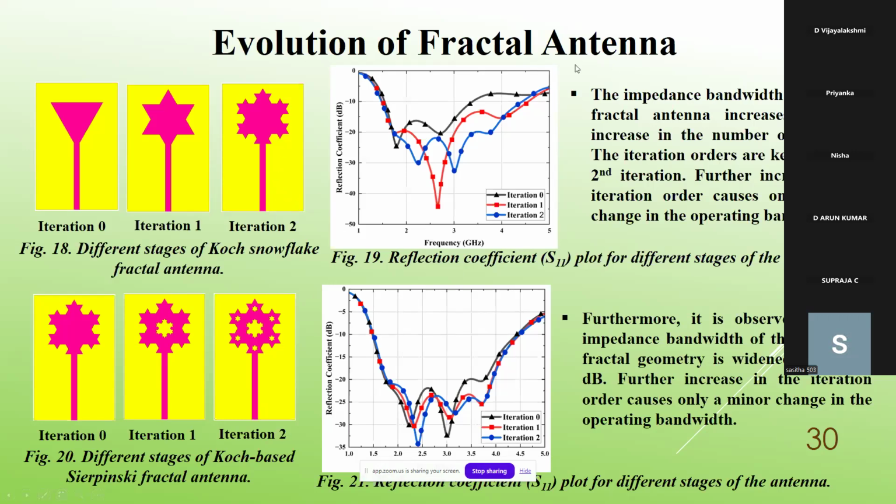So we have considered iterations up to iteration 2. Based on this, we have got the reflection coefficient for iteration 0, iteration 1, iteration 2. If you can see here, this blue line from the minus 10 dB point of view gives a comparatively wider bandwidth.